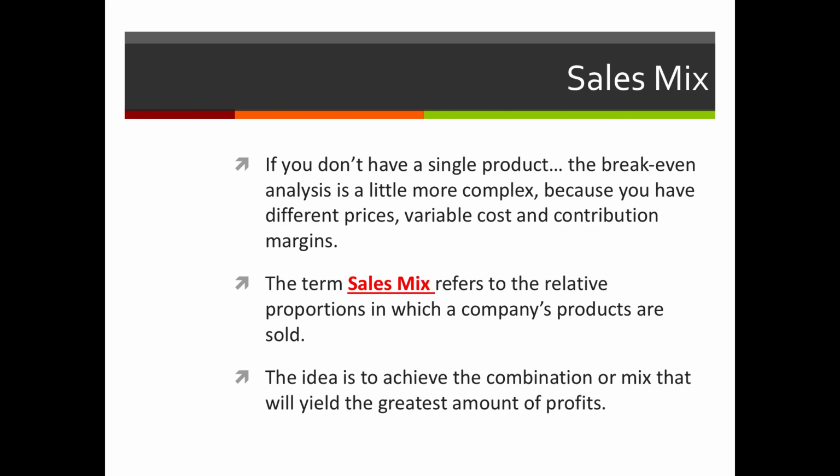So we will need that sales mix in order to use a combination of contribution margins for attaining profits and do all our calculations of break-even and profit planning. The idea is to achieve the combination or mix that will yield the greatest amount of profits. That is our objective.